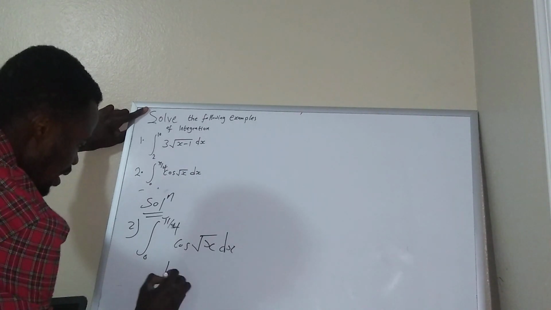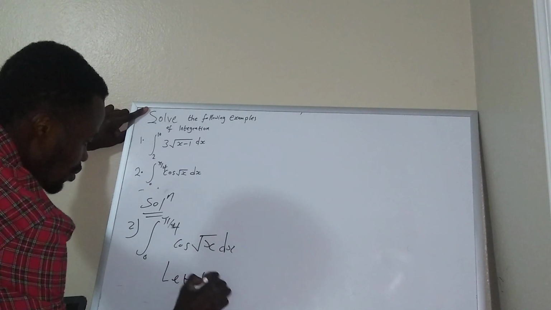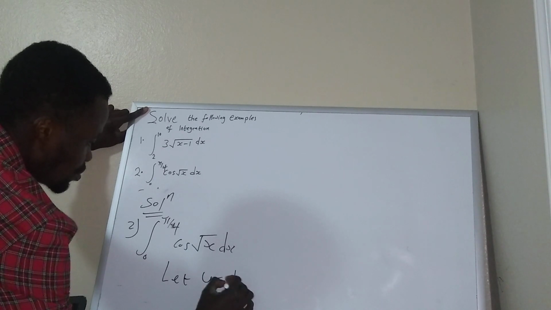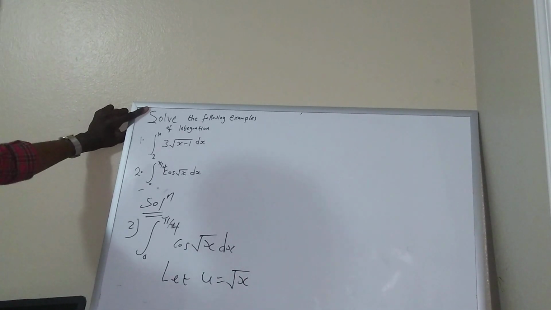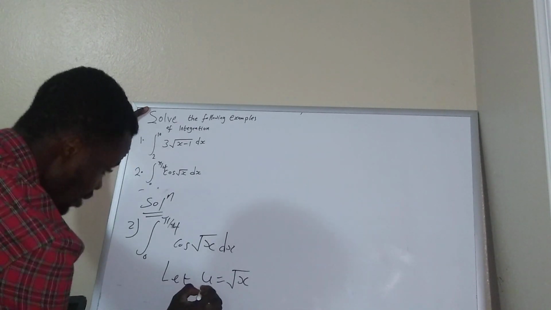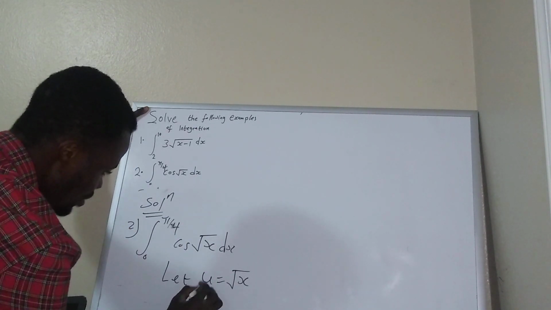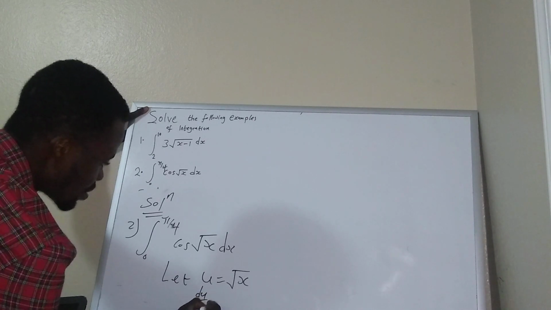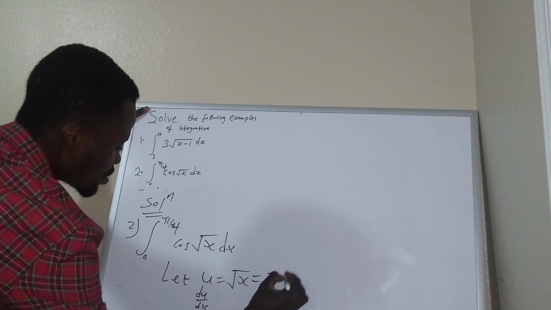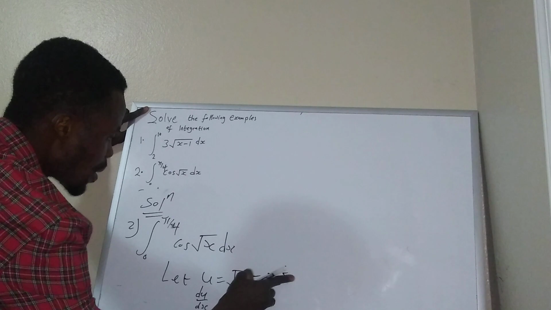Here, you can say that let u be equal to the root of this. Okay. So here we find du dx. This one is the same as this, 1 on 2.